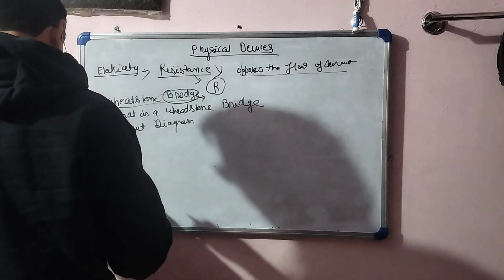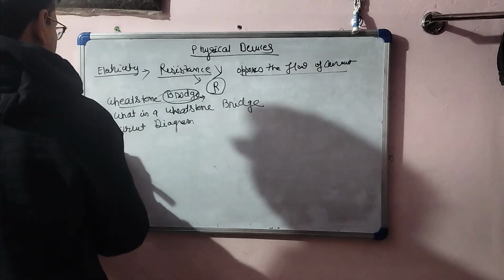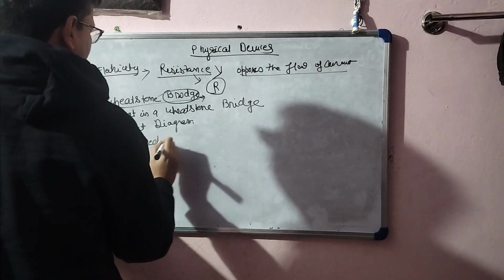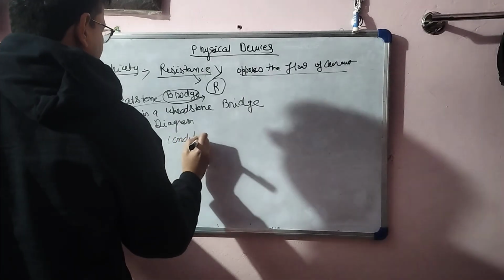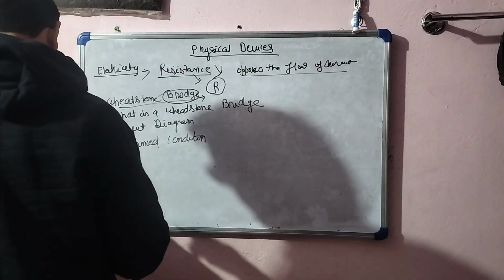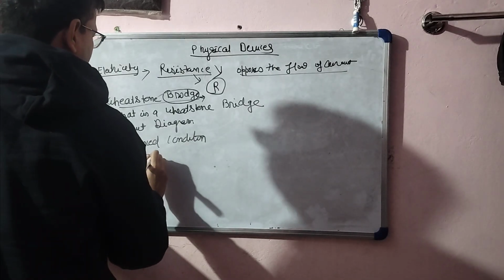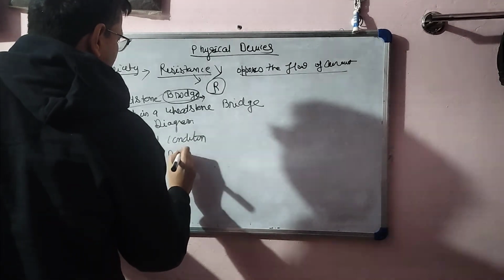Third is balance condition. Five is zero detection.